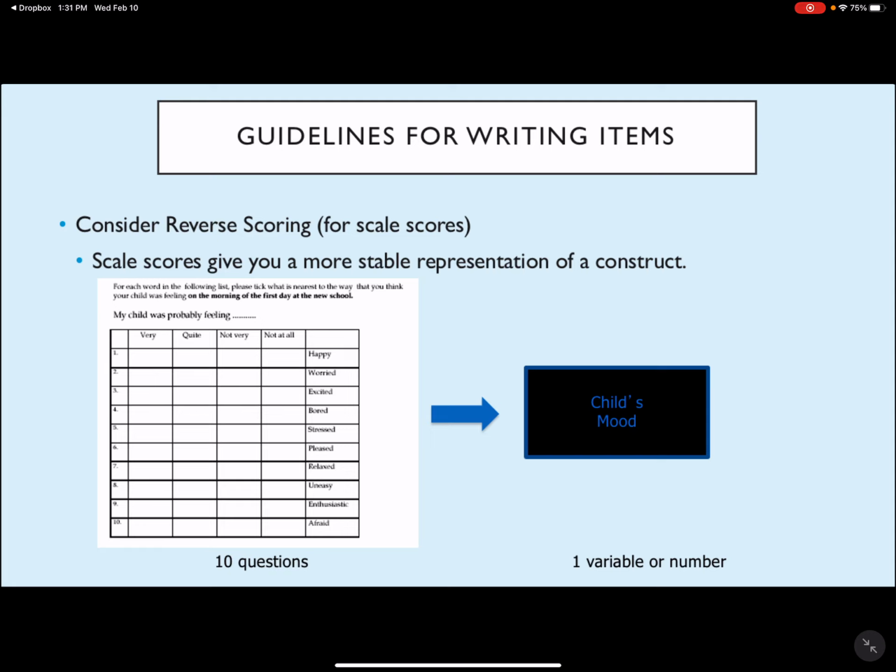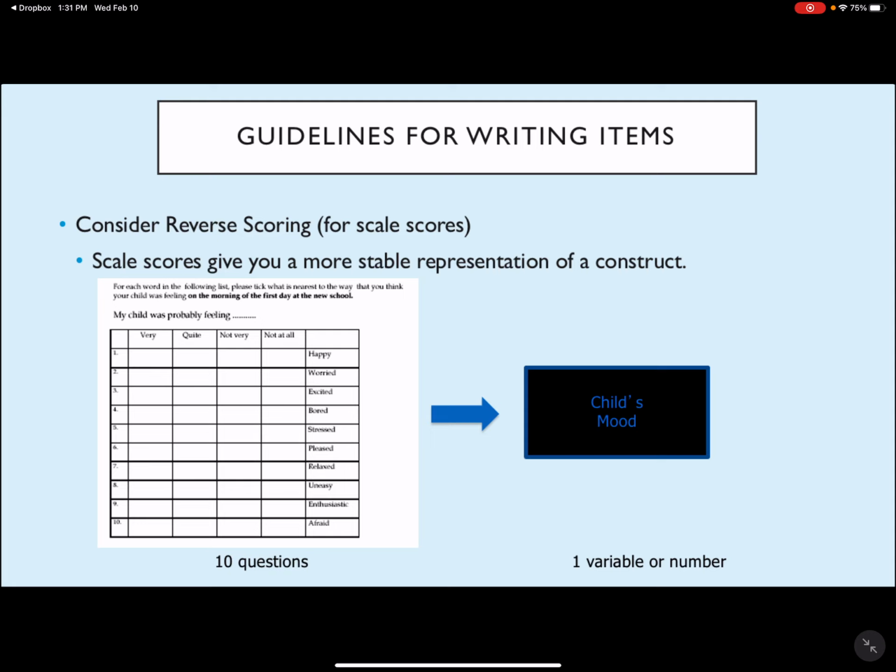But think about it, okay? Let's say I've got these questions here, and I assign numbers. Very is 4, quite is 3, not very is 2, and not at all is 1. So I assign numbers to how much of the feeling the child had for each emotion, and then I add them up. Happy, worried, excited, bored. Wait a minute. If I had happy and worried, they could cancel each other out, right?